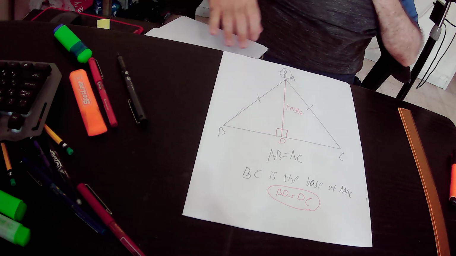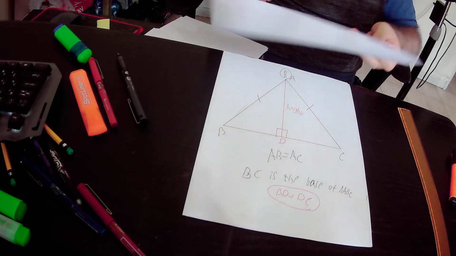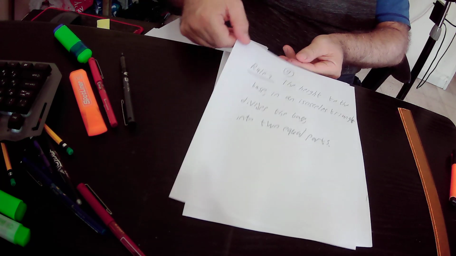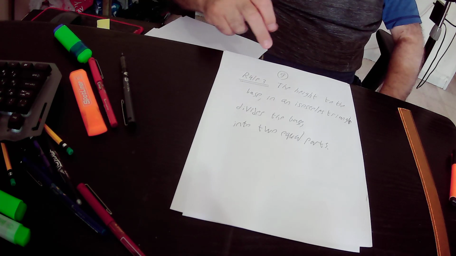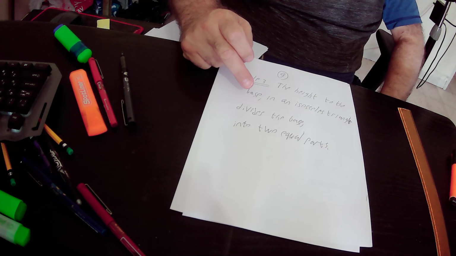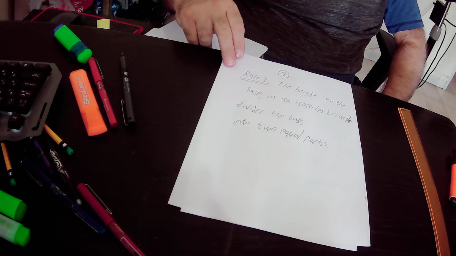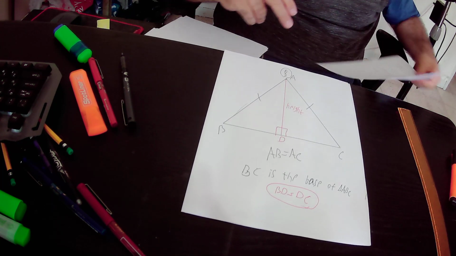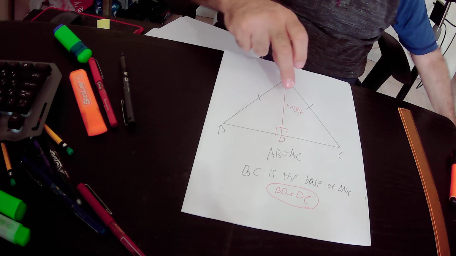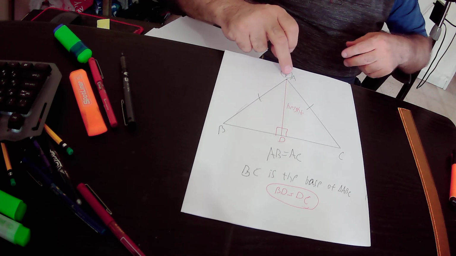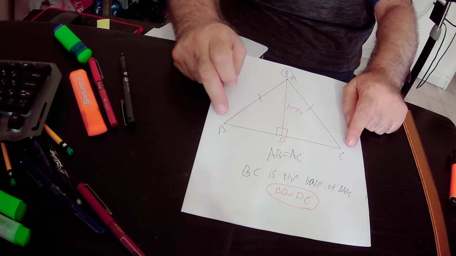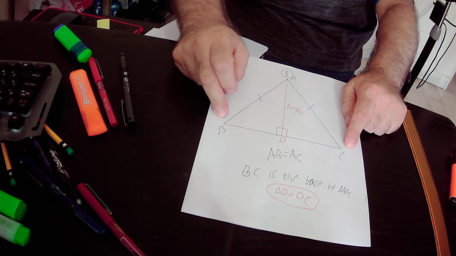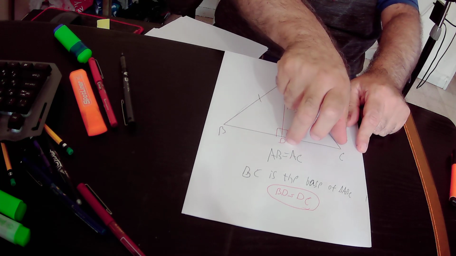Rule number 3 states that the height to the base in an isosceles triangle divides the base into two equal parts. According to rule number 3, the height, that is the red line from point A, divides the base BC into two equal parts. That is to say, BD equals DC.